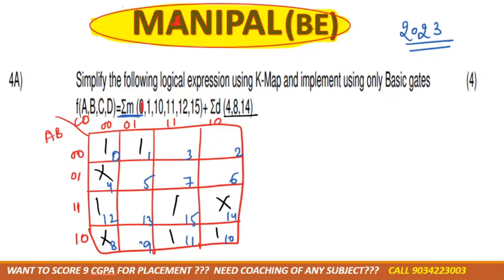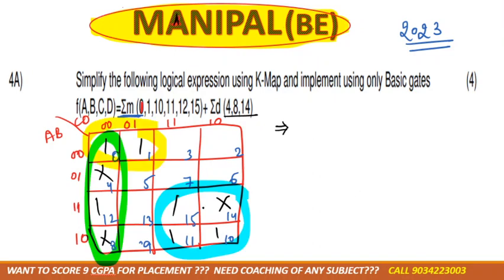Now you need to make the pair. The green one is b bar d bar, according to, yeah, interchange also you can do it, and the yellow one is a bar b bar d.